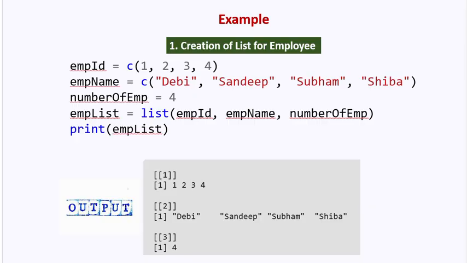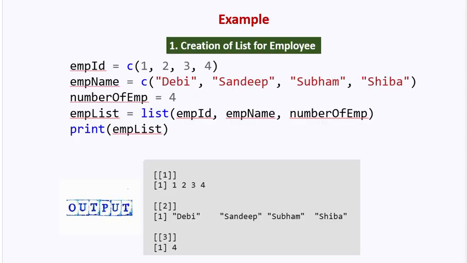In order to store this collection of multiple types of data, we are going to use a list. So let me see how to create this. As we discussed earlier, in order to create a list, we have to use the list built-in function. You can see emp id equal to c of the ID values 1, 2, 3, 4.